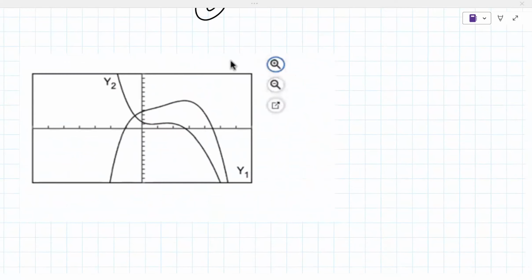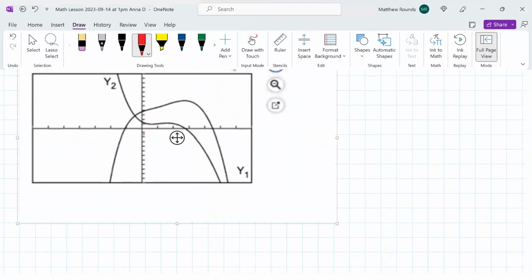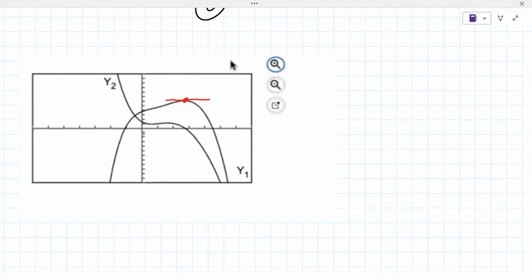Okay, so the question here is asking which one's the original function, which one is the derivative. So it's hard for me just not to give you the answer because you really need some explanation first. But this point right here is a horizontal tangent. And then that corresponds to this right here on the derivative.